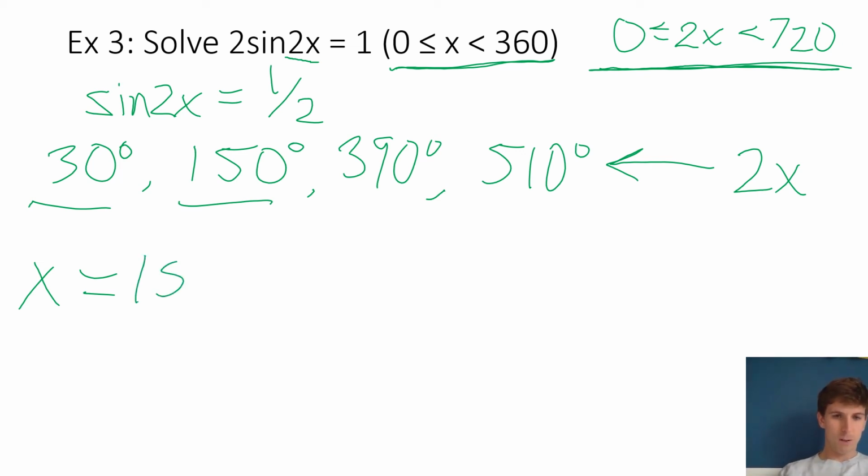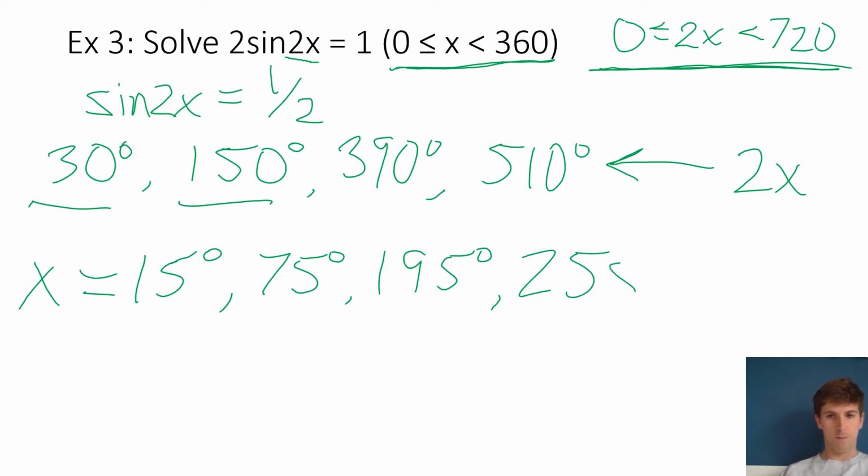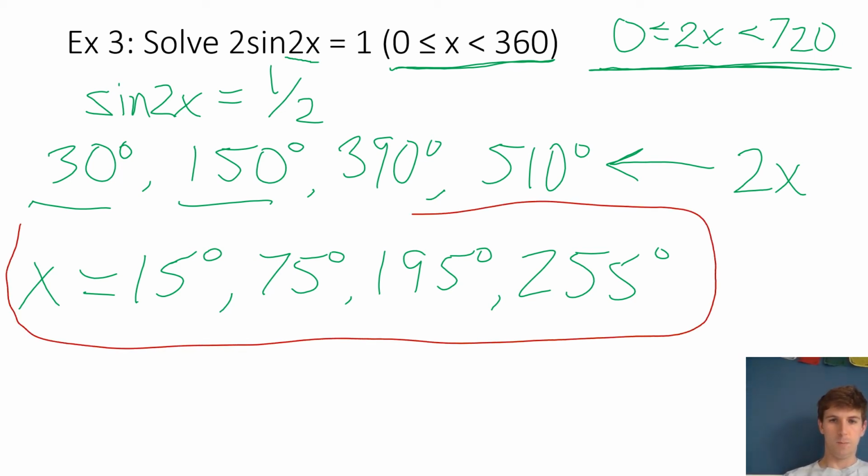So 30 divided by 2 is 15 degrees. 150 divided by 2 is 75 degrees. 390 divided by 2 is 195 degrees. And 510 divided by 2 is 255 degrees. And there we have our final answers, those four right here.